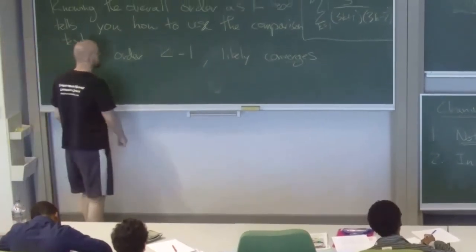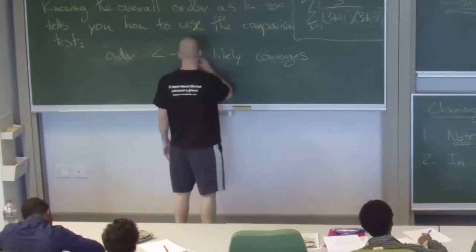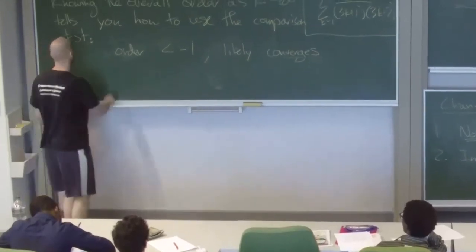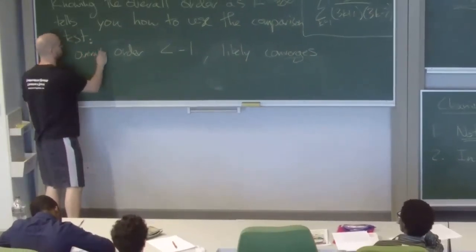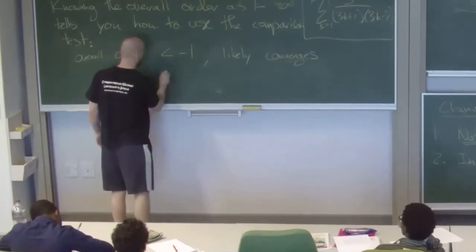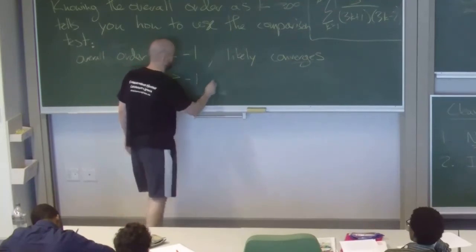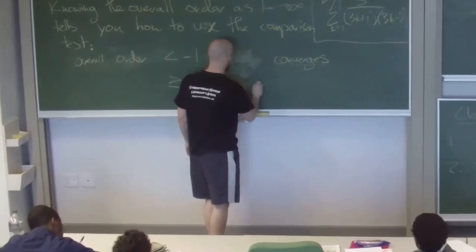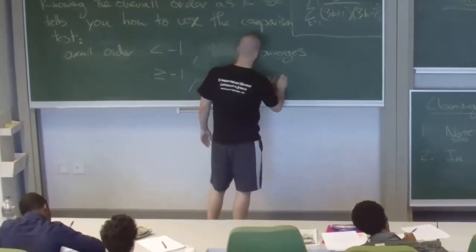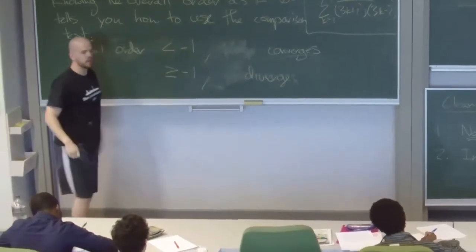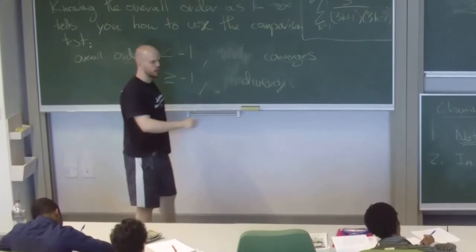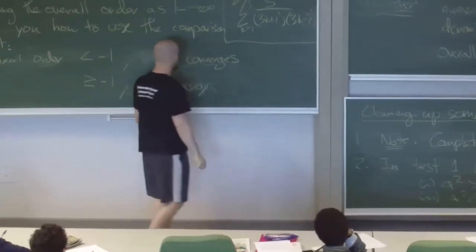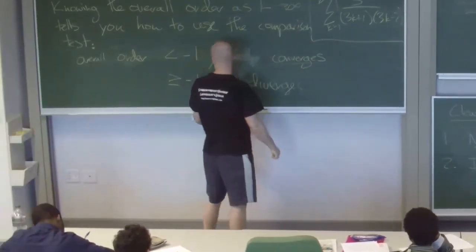If it's greater than or equal to minus 1, it diverges. I don't even know if I need the word likely here; I think it's just a term. When I do these problems, we're just trying to figure out what's probably true, and then we prove it.